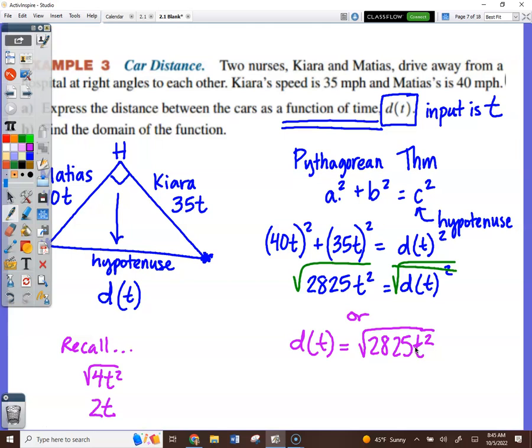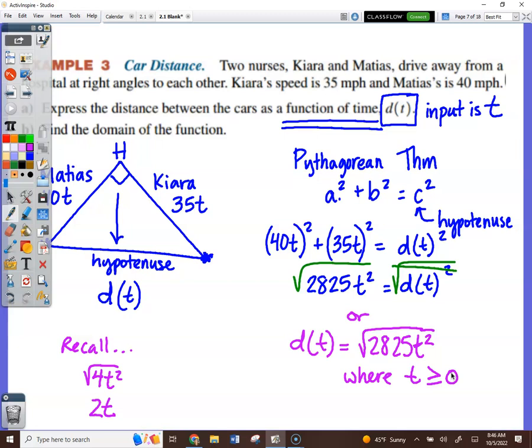And we're talking about time passing, cars driving, how far apart they are, you would say to me, well, it's referring to time, so it could be 0 to positive infinity, right? So your domain, now put it in terms of numbers. t has to stay greater than or equal to 0, because you can't have negative time.